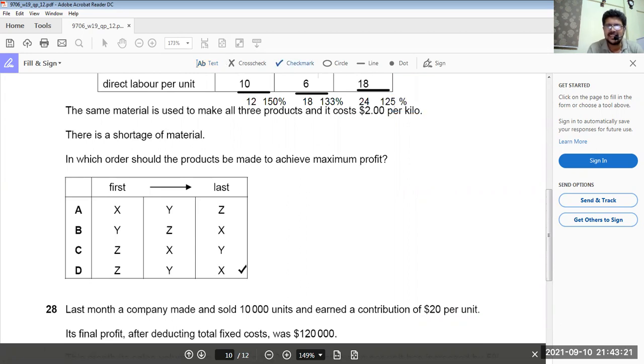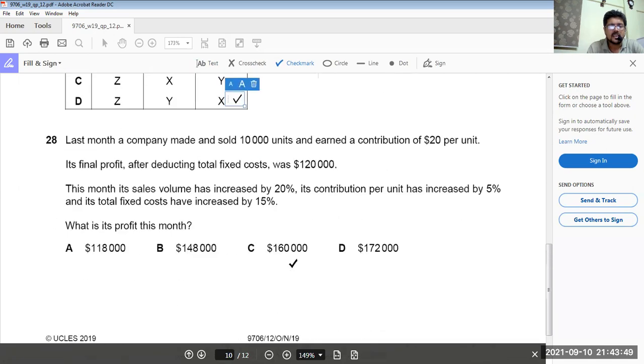The lowest percentage of direct material to contribution gets preference when there is a shortage, whether of labor or, as here, of material. The percentage 125 is lowest, so Z should be produced first, given preference, then Y, then X. B option should be the answer. Are you getting my point clear?